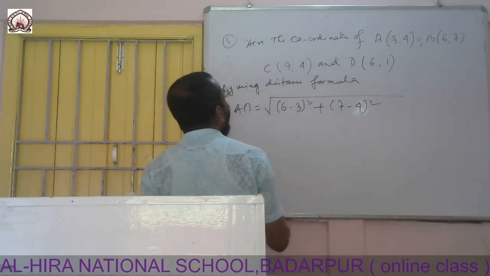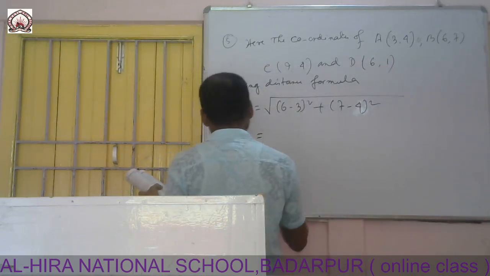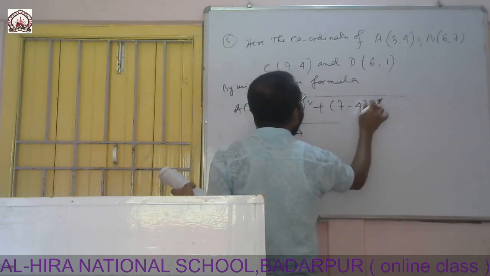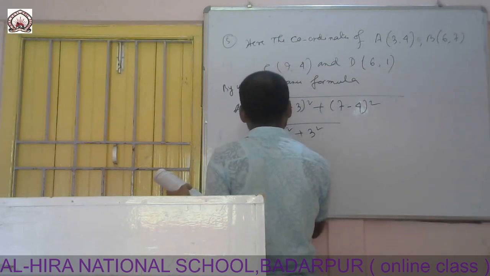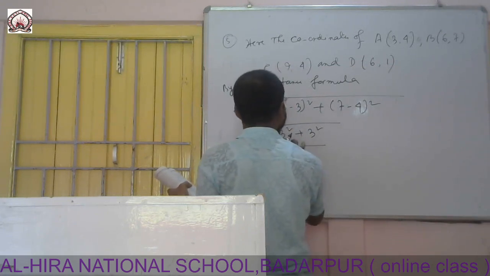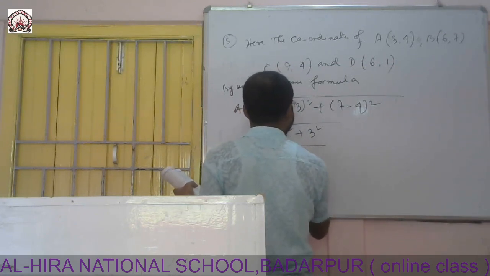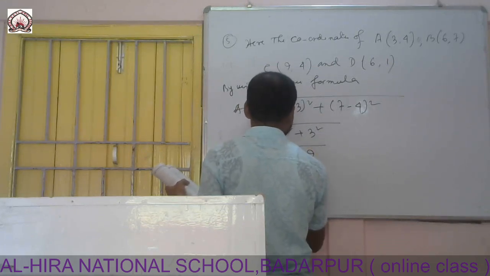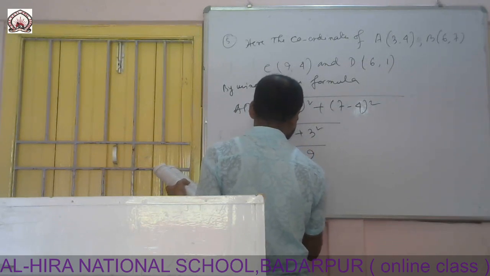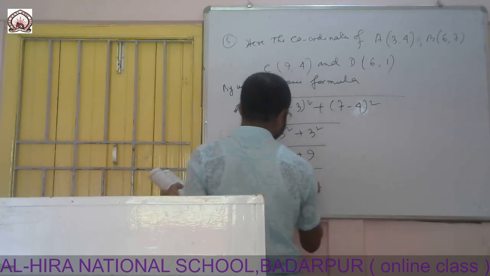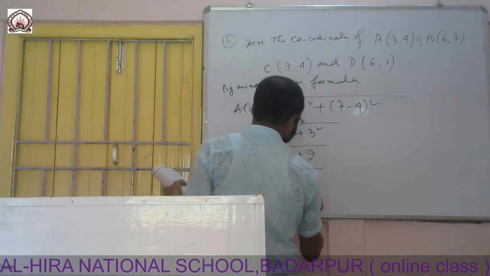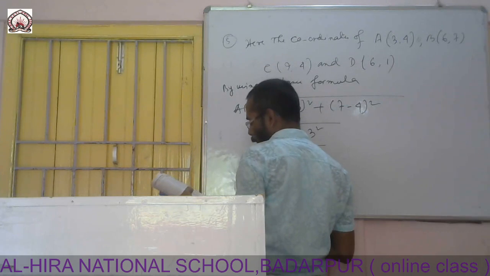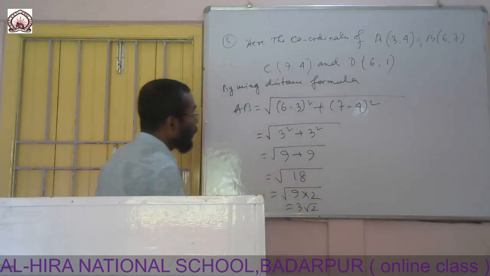So 6 minus 3 is 3 square and 7 minus 4 is again 3 square. 3 square is 9 and 3 square is again 9. So 9 plus 9 is 18, and 18 we can break into 9 into 2. So this is 3 root 2. AB we are getting 3 root 2.